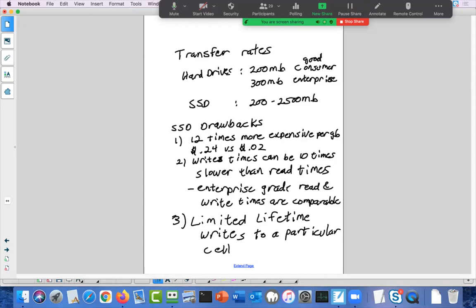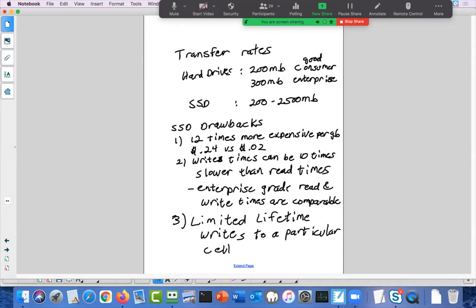Okay, good point. So the big thing though is these transfer rates are minuscule compared to what you can get out of main memory.